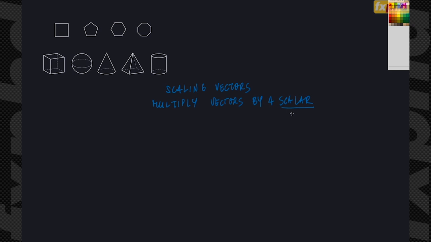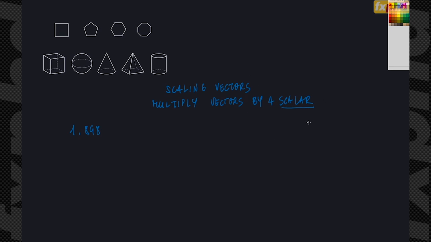A scalar is nothing but a normal number, a real number, a floating point number, like 1.898. But in the context of vector mathematics, we have to distinguish between vectors and normal numbers. That's why we call everything that's not a vector a scalar. It's pronounced scalar.